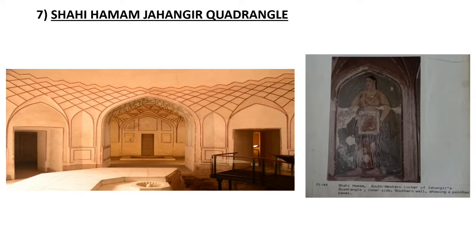Whereas the painting just in front of you, on your left side, is taken from the Turkish bath. This Turkish bath is located inside the Shahjahani quadrangle, particularly in the southwestern part, and it shows different details. However, the lower part of the ceiling shows stucco stalactite work, very exquisitely provided.